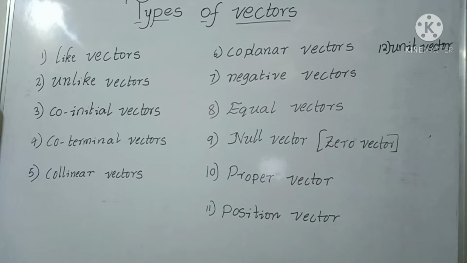The null vector is also called the zero vector. And next are the proper vector, position vector, and last, unit vectors. So these are the types of vectors.